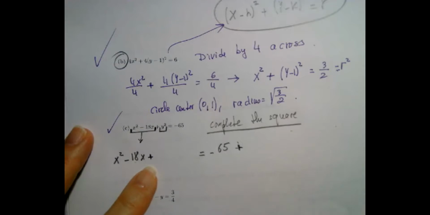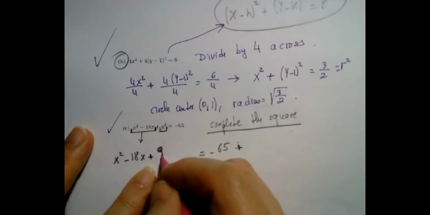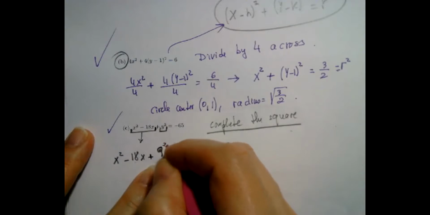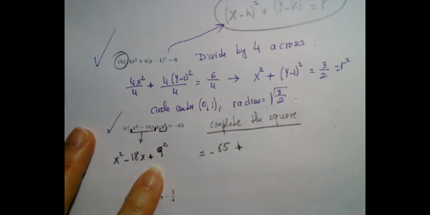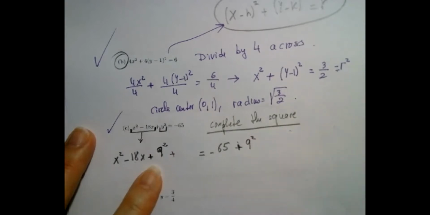And then what should I add? Not 9. What do you think I should add? I should add 9 squared, not 9. Be very careful. You add the 9 squared, not the 9. So here, I'm going to add 9 squared.